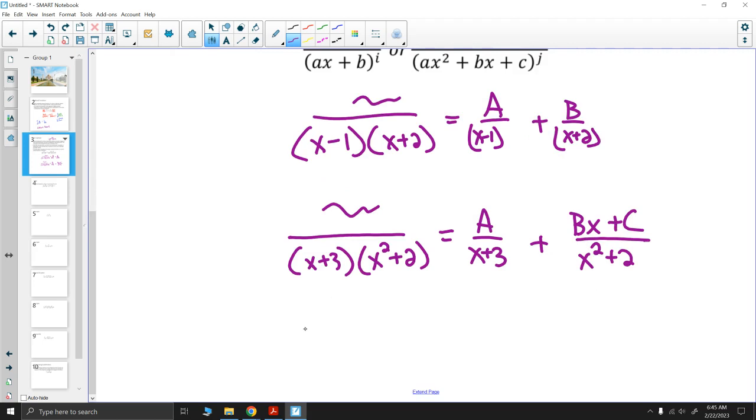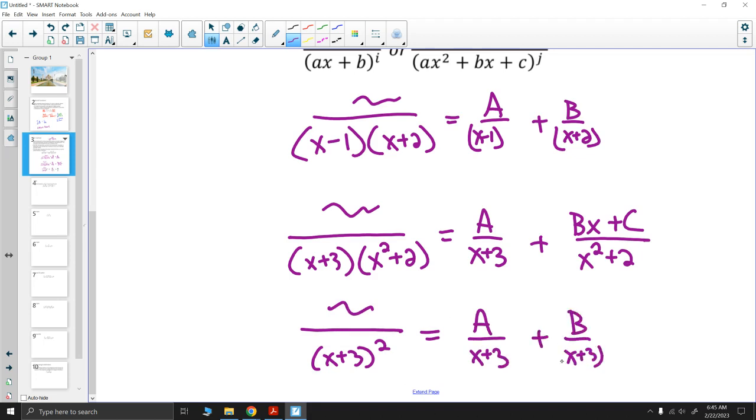If we have something that has duplicates, that is to say like x plus 3 squared, what we'll do is write this as A over x plus 3, plus B over x plus 3 squared. So even though this thing here is squared, it's not an irreducible quadratic, so we don't do Bx plus C, we just have another B, but we have to have one for each power.